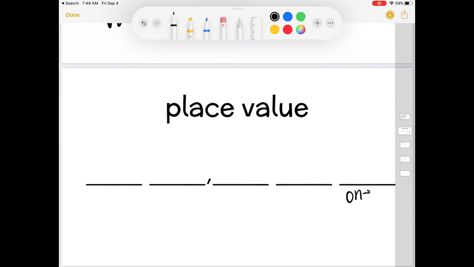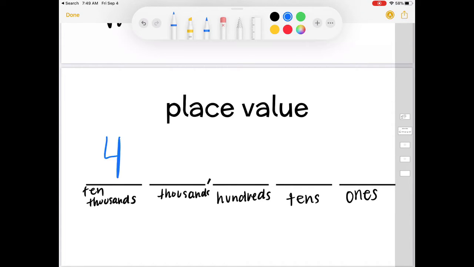For example, we have our ones, our tens, our hundreds, our thousands, and our 10,000s. Now, if I write a number up here, 46,827, and I ask, what is the digit in the thousands place?